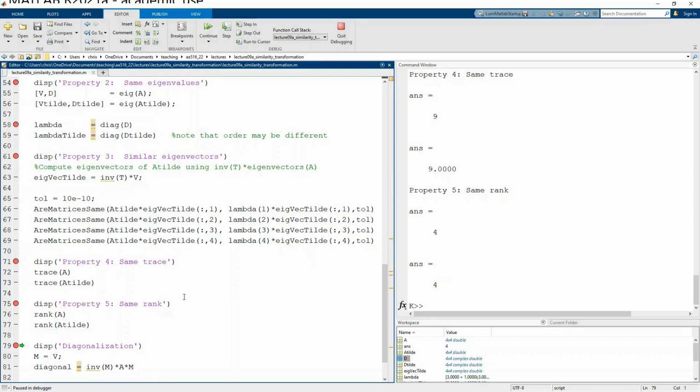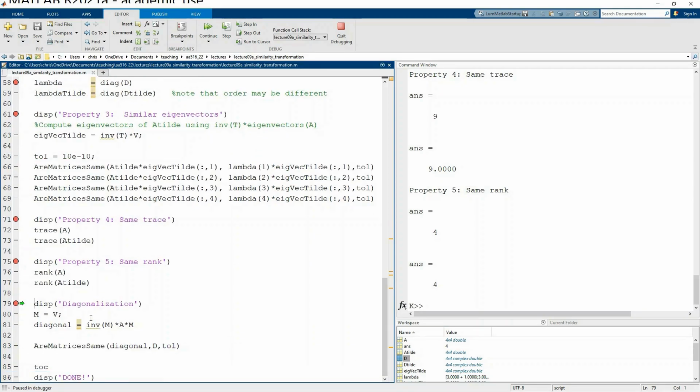Now, let's talk about diagonalization. We just saw that those 5 properties were fine regardless of the similarity transformation. Now let's switch gears and talk about diagonalization. In this case, I do want to use a specific transformation matrix. I'm going to call this the modal transformation matrix M, and I want it to be the eigenvectors of the original A matrix.